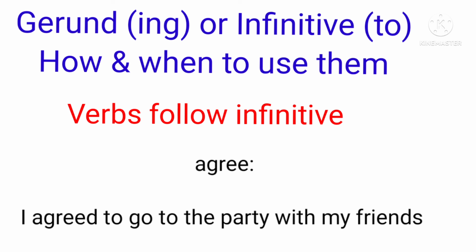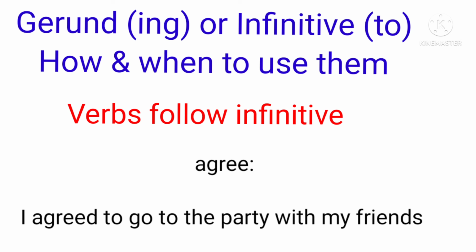After agree, I should have to plus the base form of the verb. You see, go is the base form of the verb, including to. To go, this is an infinitive.